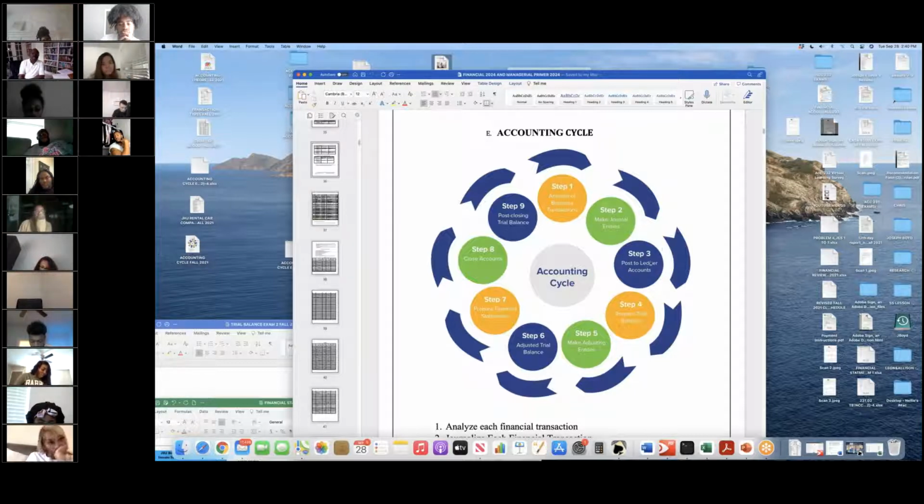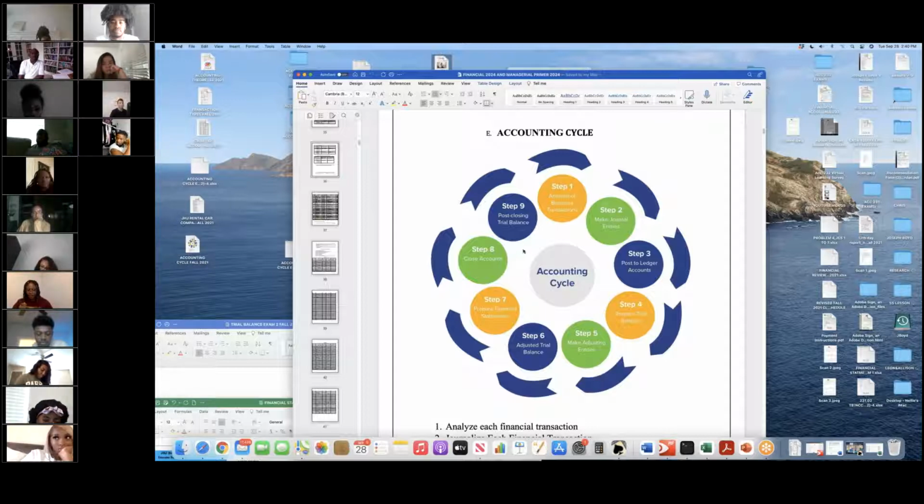Then we moved to steps 3 and 4, posting to the ledger and preparing the trial balance. We're skipping steps 5 and 6, adjusting entries, for now. We'll come back to it later. And we're doing steps 7 and 8, preparing financial statements and closing the accounts.